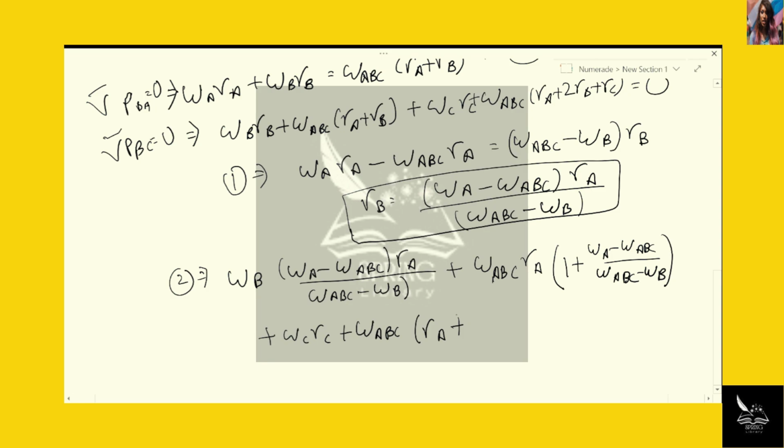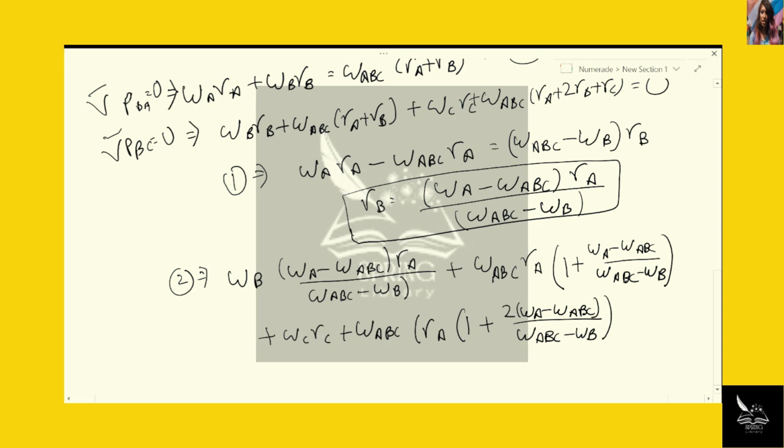Again we can take RA as common, and then this will become 1 plus 2 times omega A minus omega ABC divided by omega ABC minus omega B.